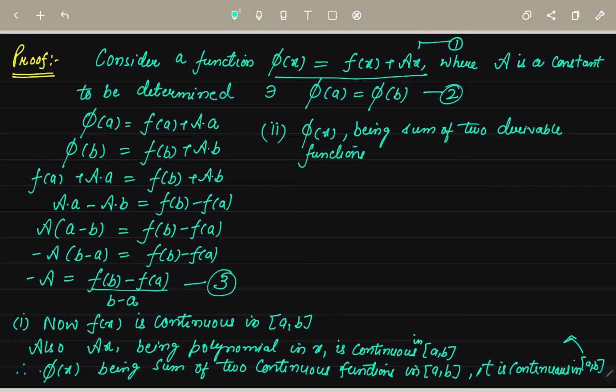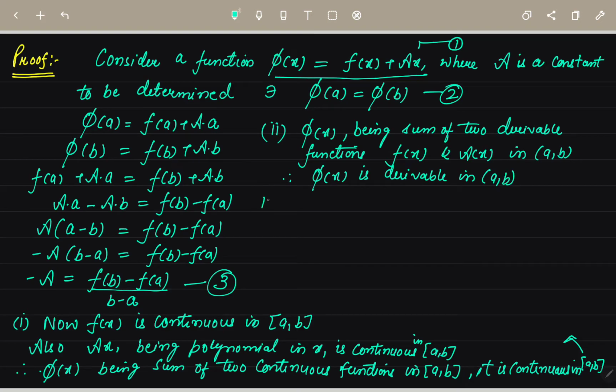That is f of x and a of x, in the open interval AB. So therefore phi of x is derivable in the open interval AB.